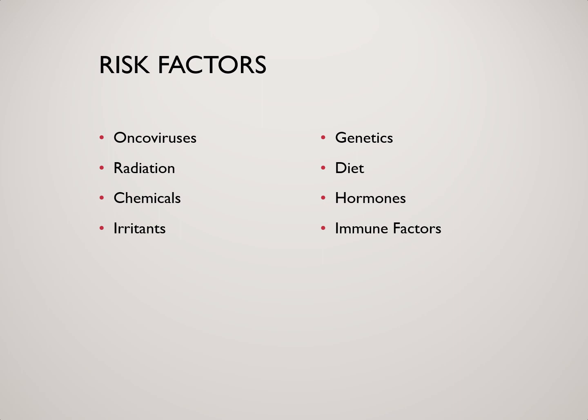Immune factors. So an individual with an impaired immunity, they're immunocompromised, they're going to be more susceptible to cancer formation when exposed to small amounts of carcinogens compared with someone with a healthy immune system.